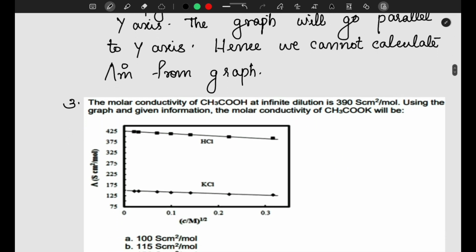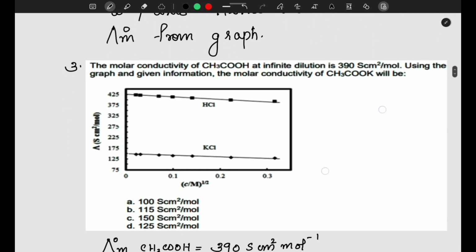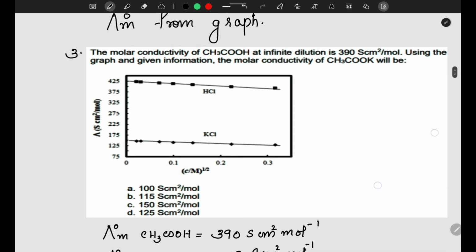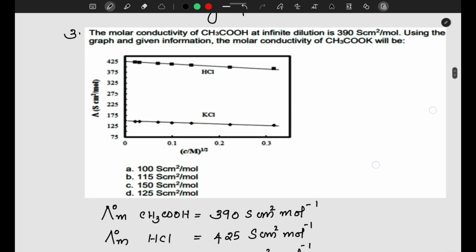Now, next question. The molar conductivity of acetic acid at infinite dilution is 390 Siemens centimeter square mole raised to minus 1. Using the graph and given information, the molar conductivity of CH3COOK will be. CH3COOK, the salt is formed by combining acetic acid with KCl.